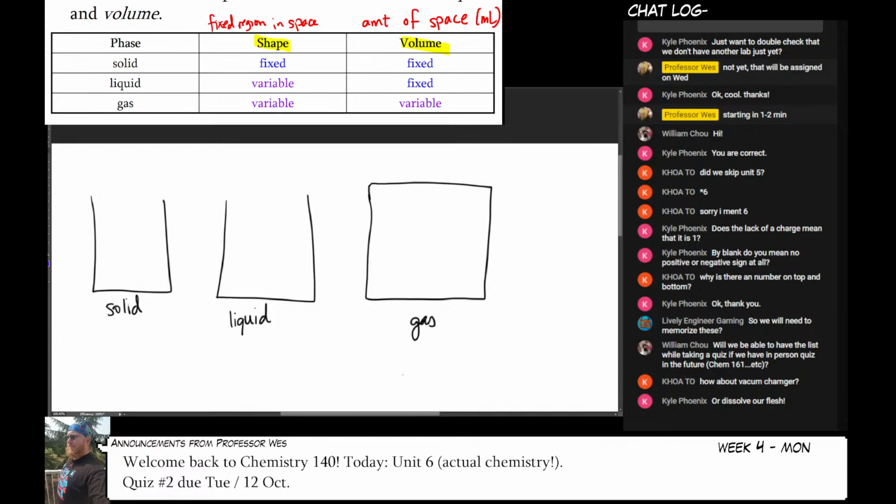Alright, what do the molecules look like inside each of these? Solids are jam-packed together, real tight, but they're very ordered.